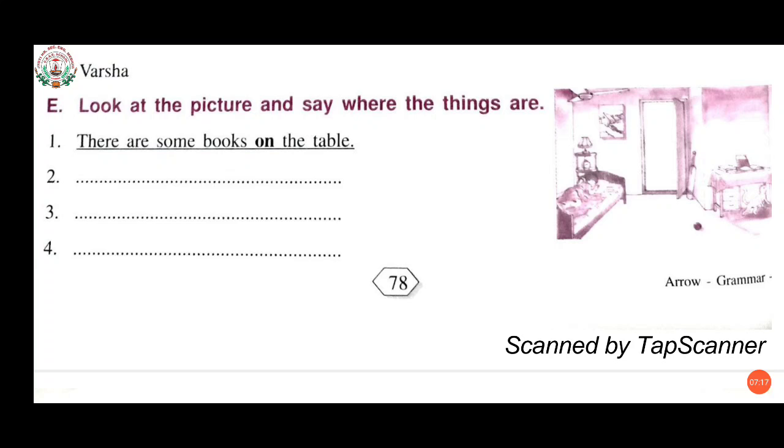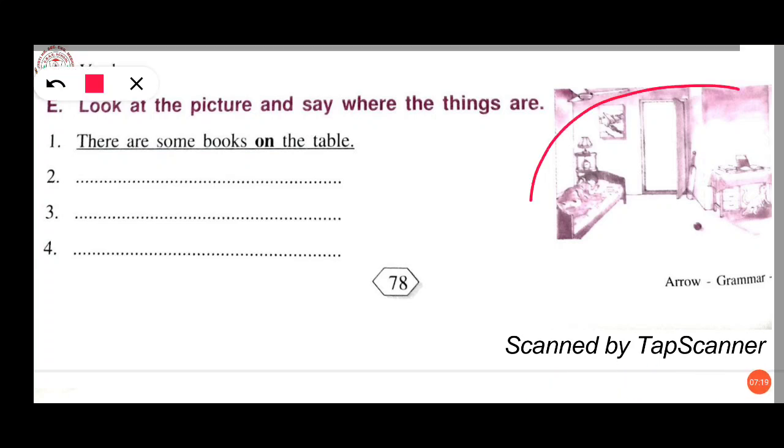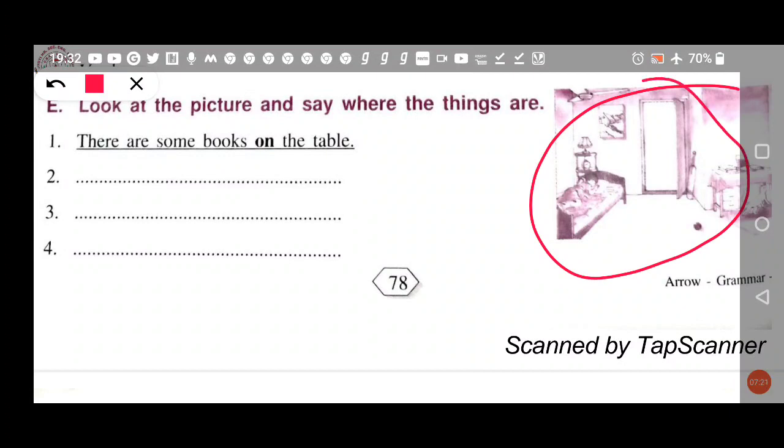So here in the picture, you can see what is given. We have to see the picture first and say where the things are. First, you can see there are some books on the table.